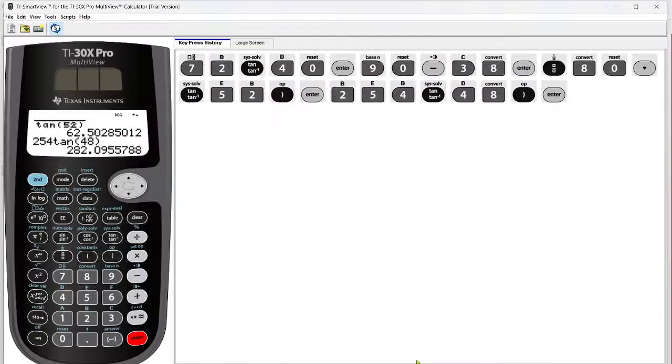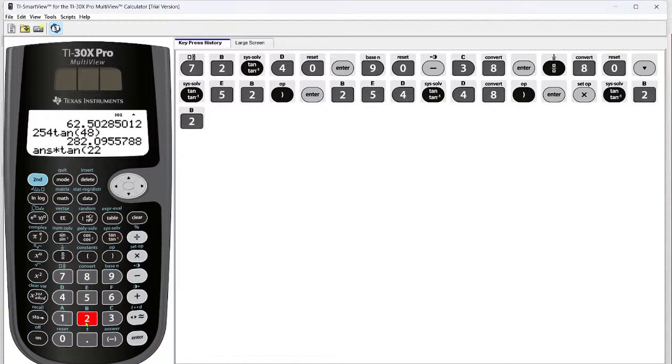I already have this number in my calculator. I'm just going to say times tan 22. So about 114.